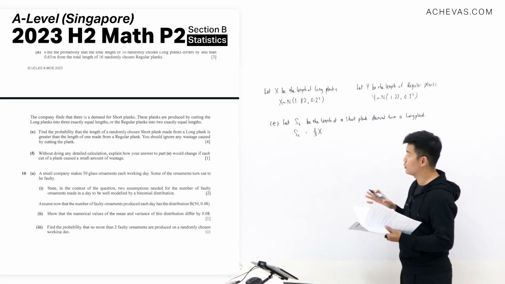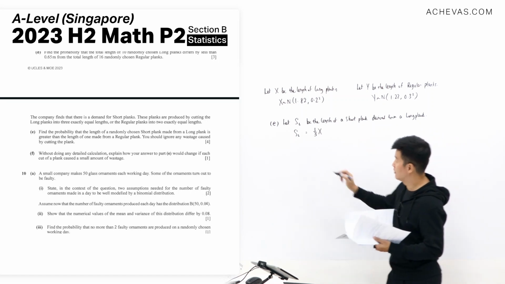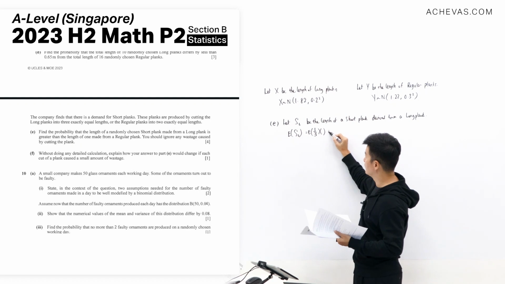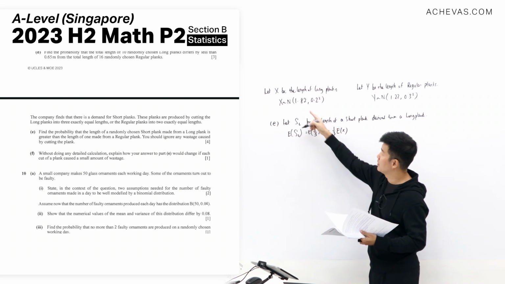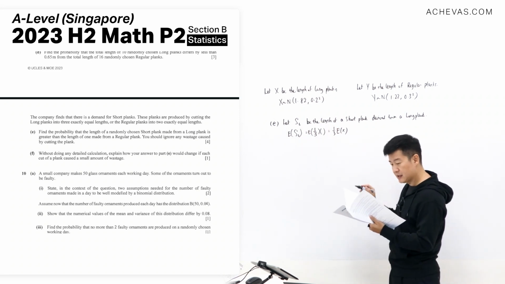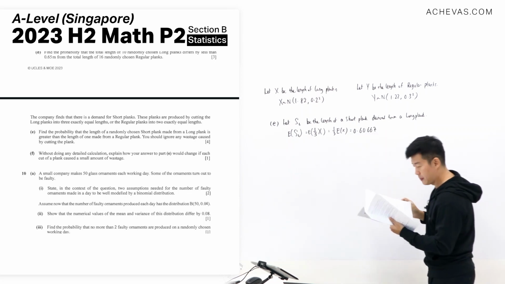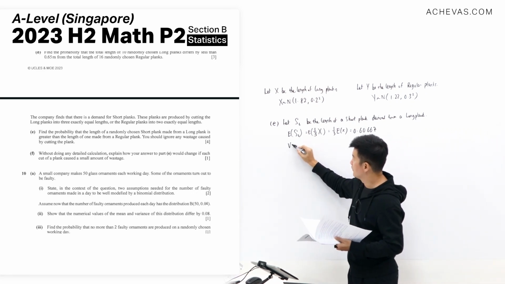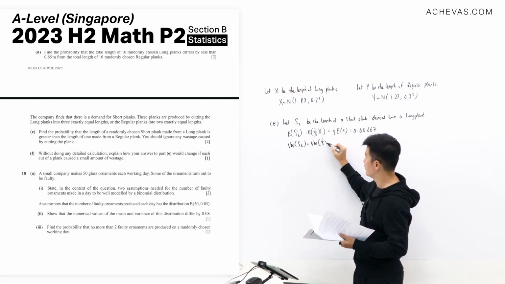I'm going to come out with the distribution for SL by finding first the expectation of this. It is going to be 1 over 3 expectation of x, so 1 over 3 multiplied by 1.82, which is equal to 0.60667. We also want the variance of SL, which is the variance of 1 over 3x.